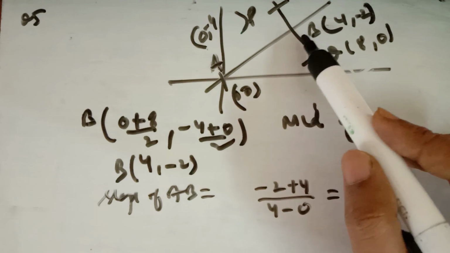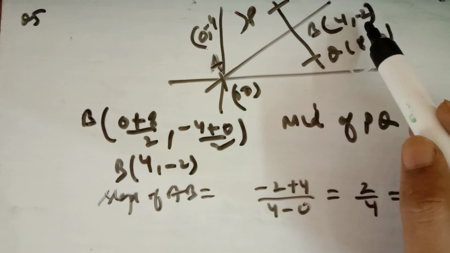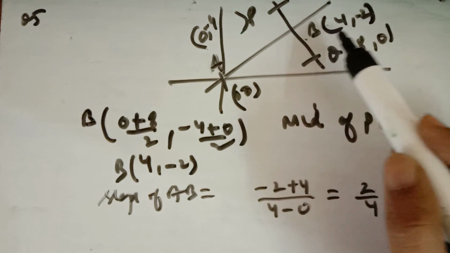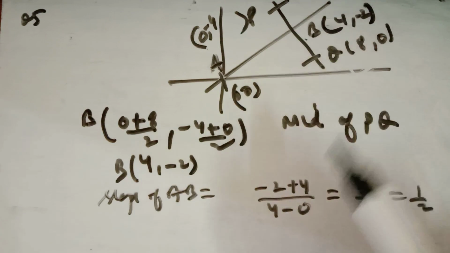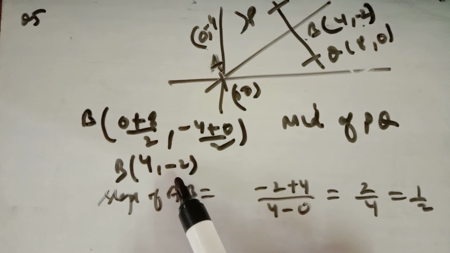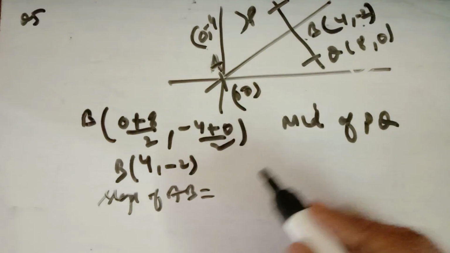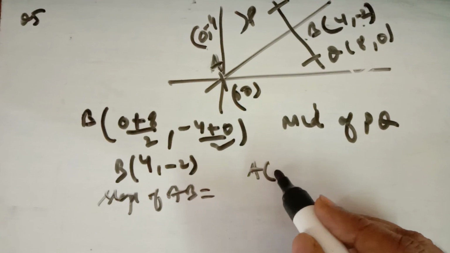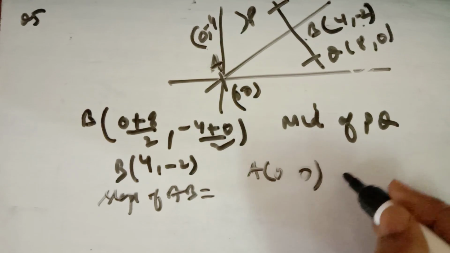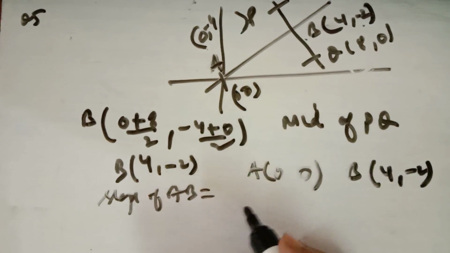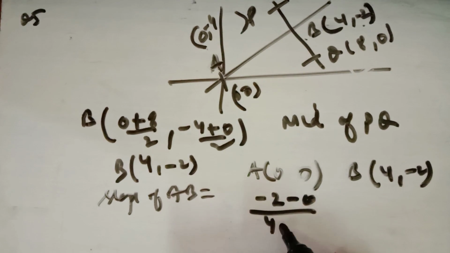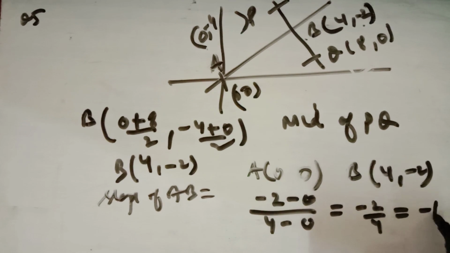First of all, I find the midpoint of PQ, which is B, as (4, minus 2), and the slope of the line passing through the origin A (0, 0) and B (4, minus 2) will be y2 minus y1 upon x2 minus x1, which is coming out to be minus 2 upon 4, that is minus 1 upon 2.